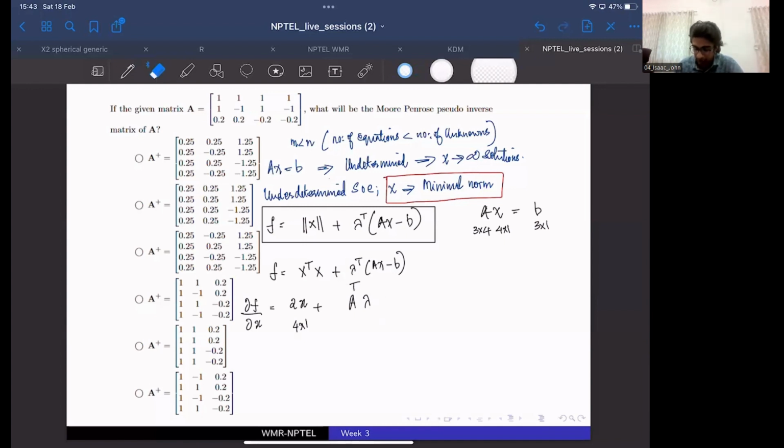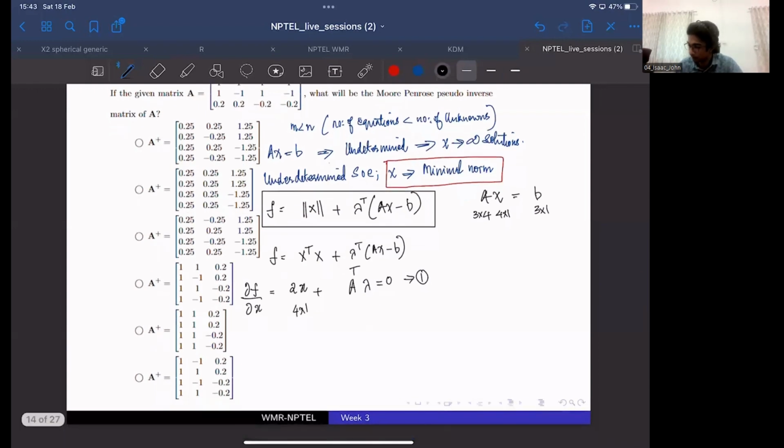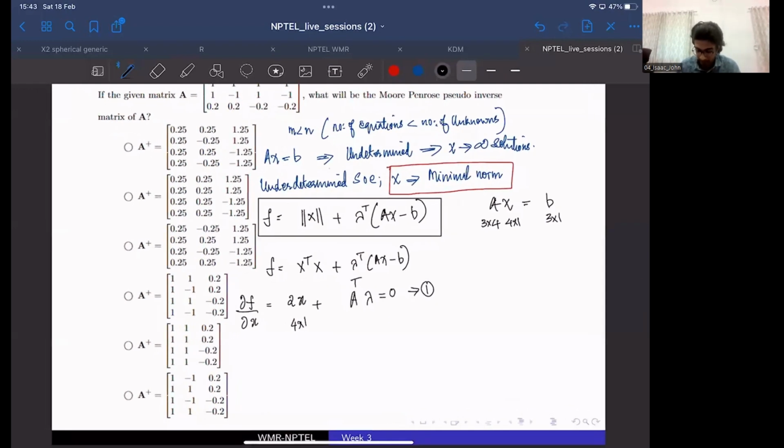If you equate this to 0, from equation 1, what would be the value of x? x would simply be minus A transpose lambda by 2. Let this be our equation 2.